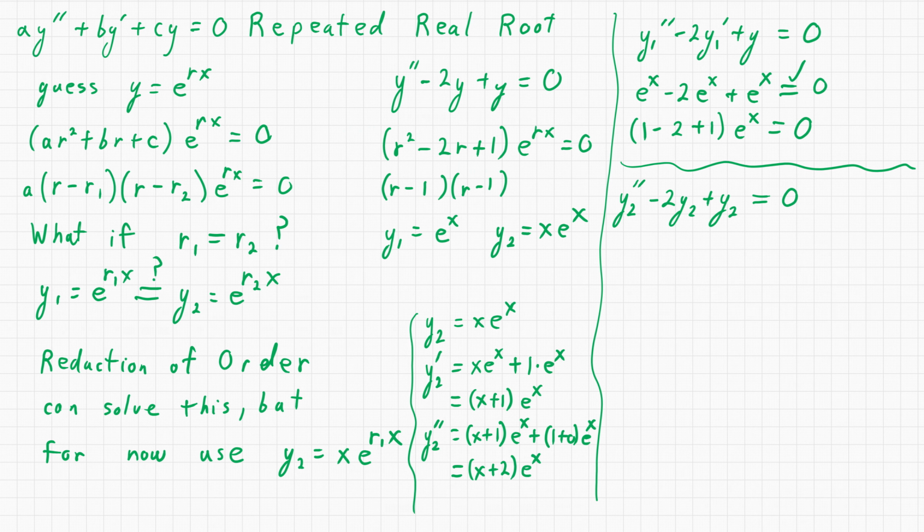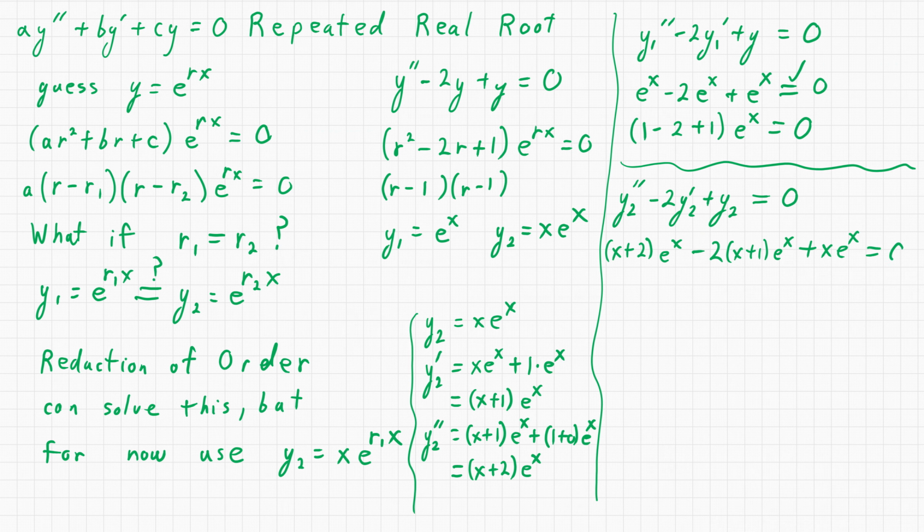Now that I've computed those, I'm going to plug them in over here. So y2 double prime is (x plus 2) e to the x, and then minus 2 times y2 prime, which is (x plus 1) e to the x, and then plus y2, x e to the x.